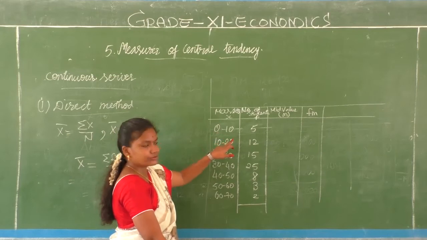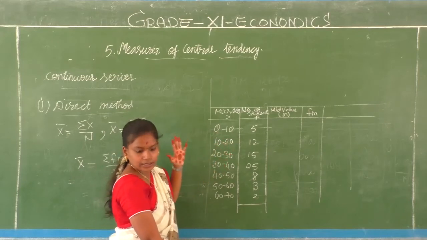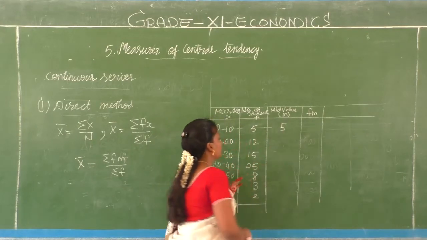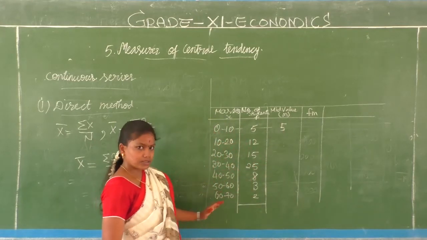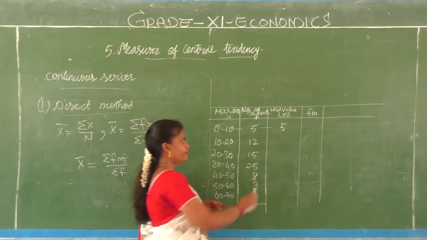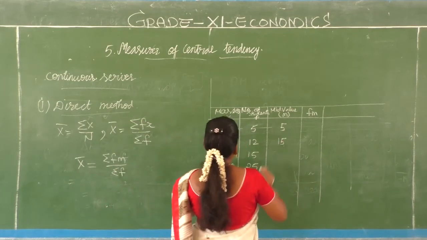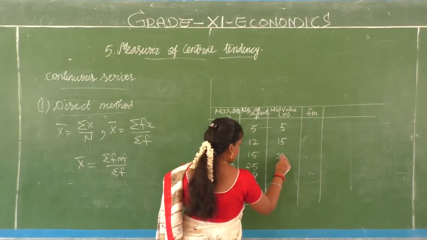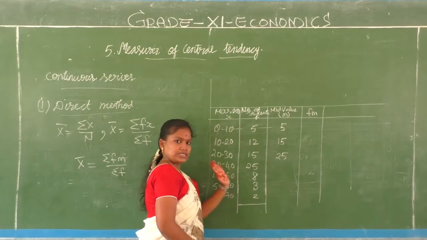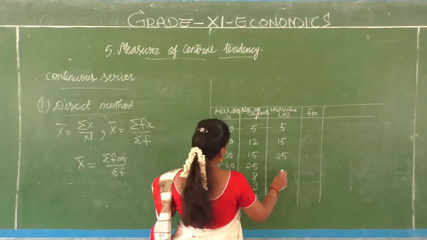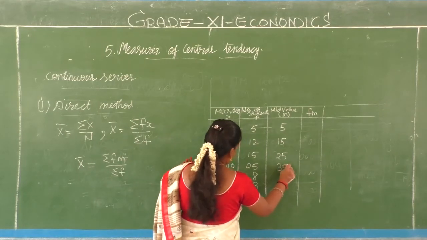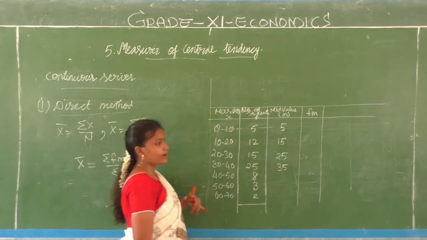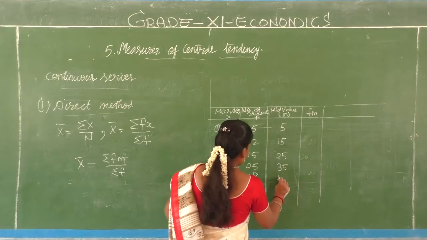So 0 to 10: 0 plus 10, 10, divided by 2, 5. 10 plus 20, 30, divided by 2, 15. 20 plus 30, 50, divided by 2, 25. 30 plus 40, 70, divided by 2, 35. 40 to 50: 40 plus 50, 90, divided by 2, 45.